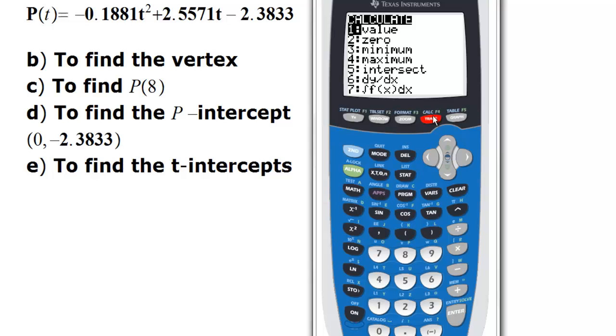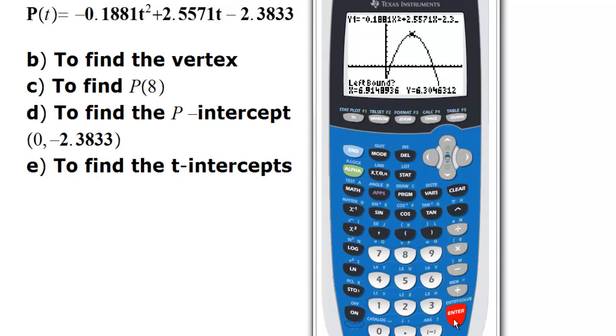Now, of course, for the T intercept we can use the quadratic formula, but how about we just go to calc again, and now we want zero. Zero means a value for T at which P becomes 0. So here we have two zeros, and I think it will be a good idea to bring the cursor down slightly to the left of the first one that we need. Press enter.